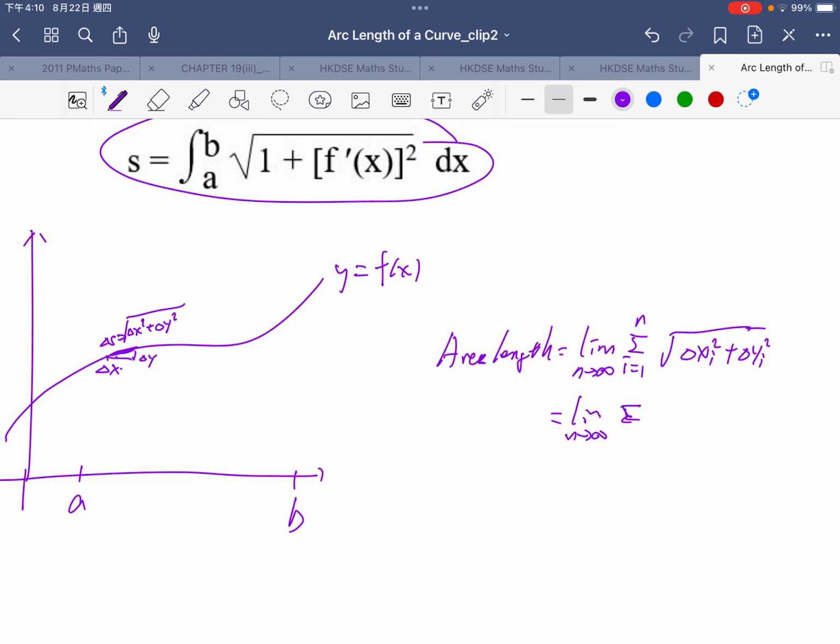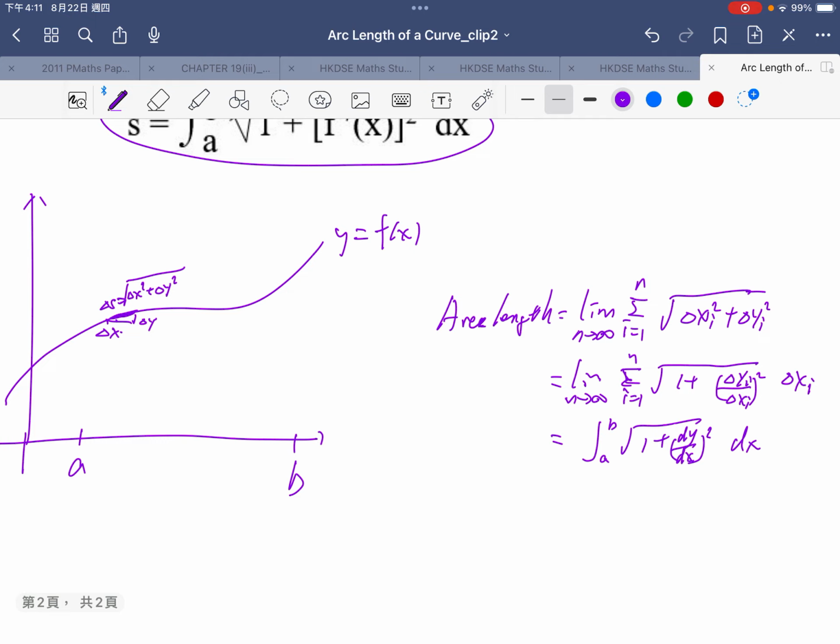In this form, we can factorize delta x outside. Then this can be rewritten with delta y over delta x. If we use this form, the integration is from A to B of the square root of 1 plus (dy over dx) all squared, dx.